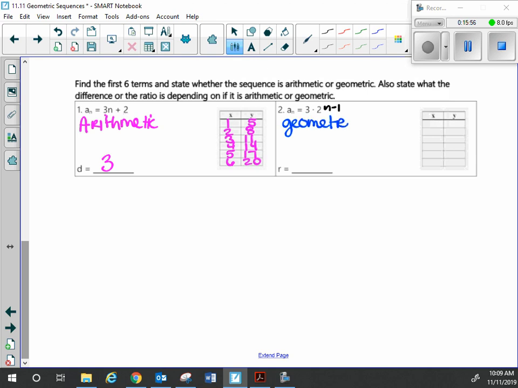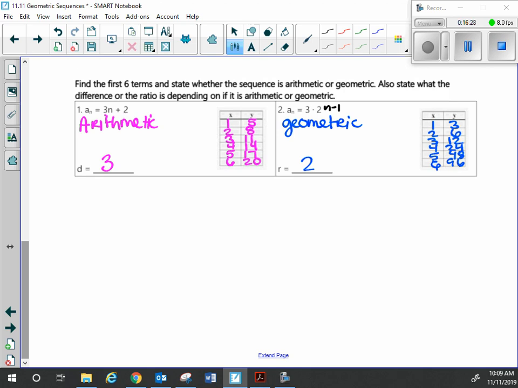Okay, what's my common ratio? 2. What is my first term? 3. So if my ratio is 2, what is my second term? 6. And my third term? 12. And my fourth term? 24. Good. And then 48. And then 96. Very good.